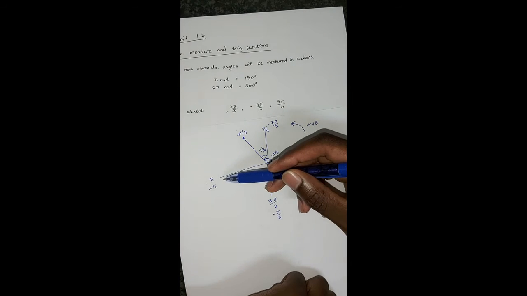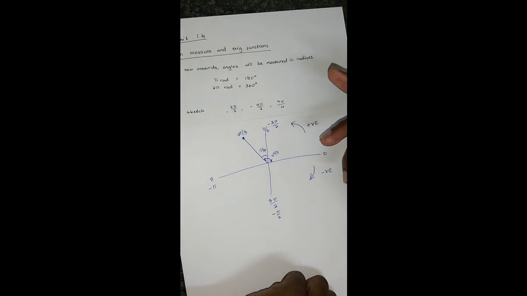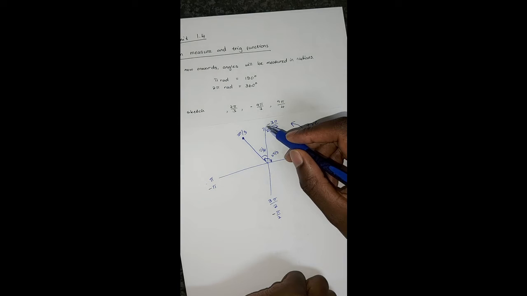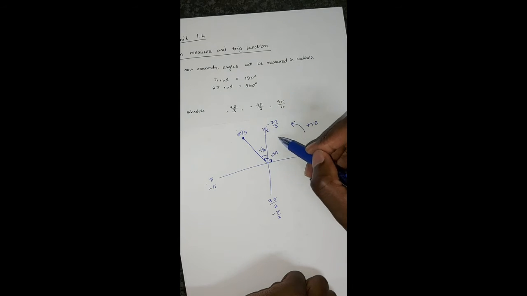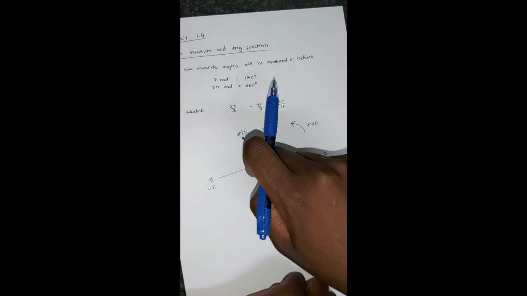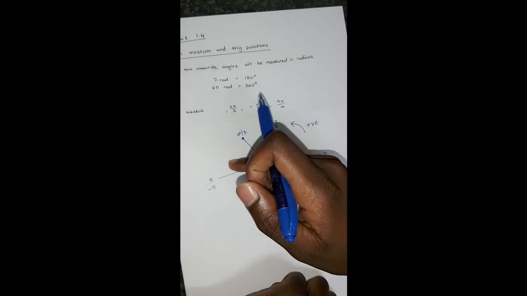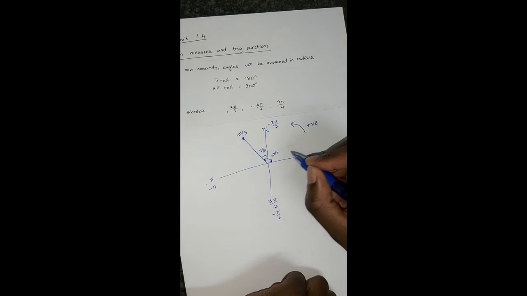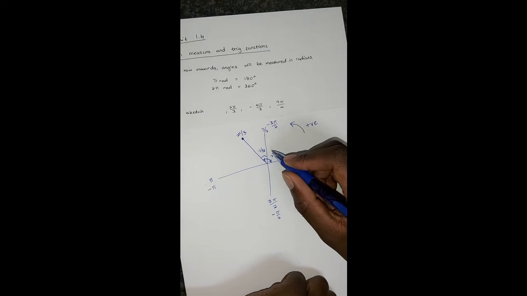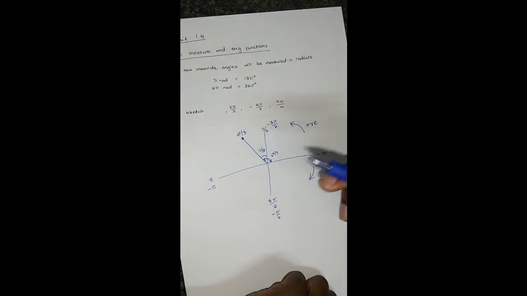And then negative 4 pi over 3. That's an angle greater than negative pi, by pi over 3. So it's less than negative 3 pi over 2, so it will also be in this quadrant. These are called quadrants. So it will be in this quadrant over here. When you're drawing the angle, draw it like that, just to show that there's negative 4 pi over 3.